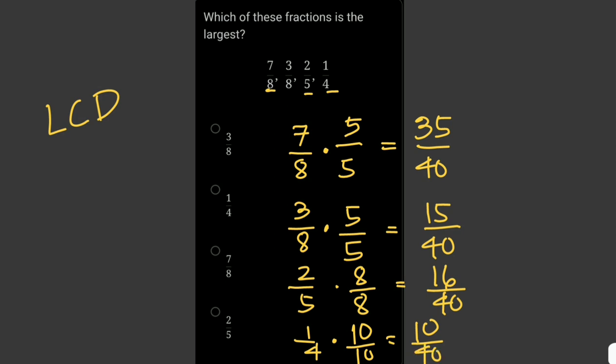Now all of the fractions have the same denominator, which is 40. And now we can determine which of these fractions is the largest. The one with the largest numerator is the largest fraction, which is this one. Therefore, the largest is 7 over 8.